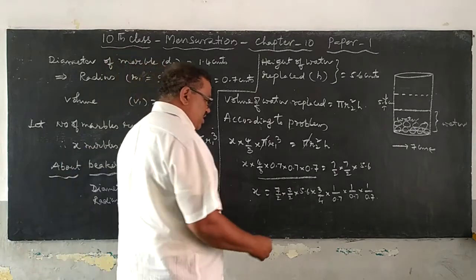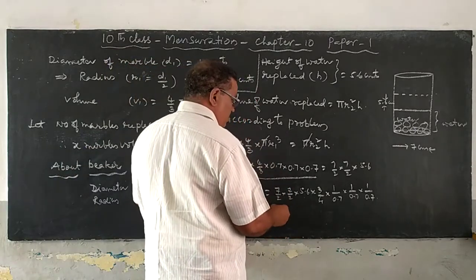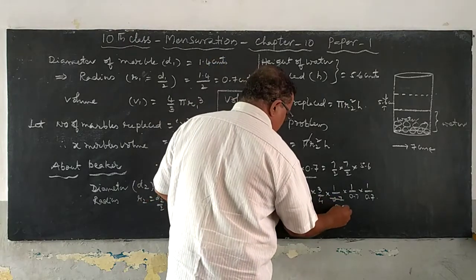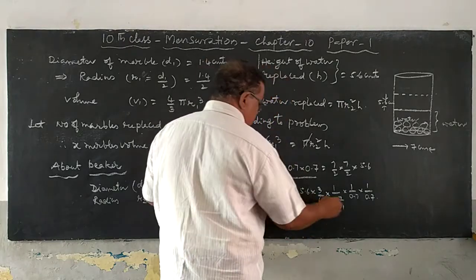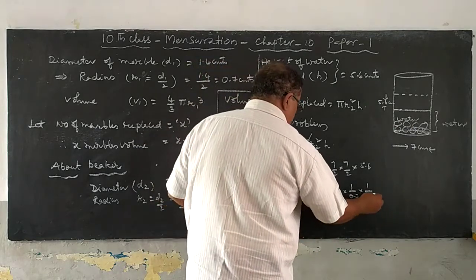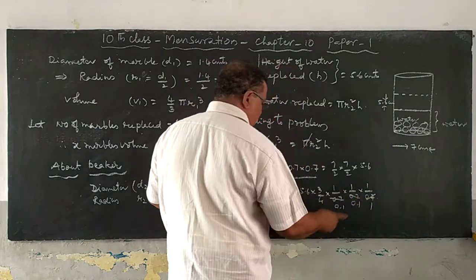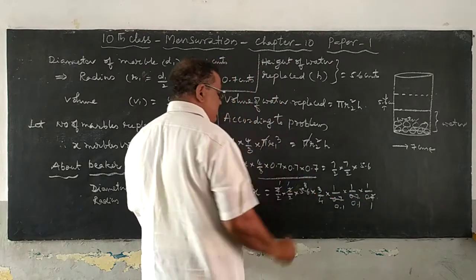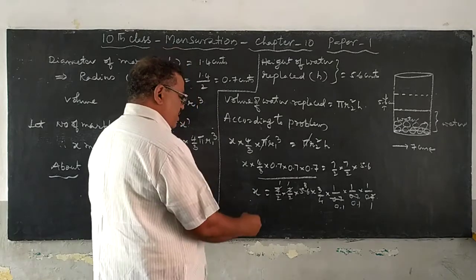Okay, do the cancellations here, children. 7 ones, 7 0.1s, 7 ones, 7 0.1s, 7 eights are 5.6.